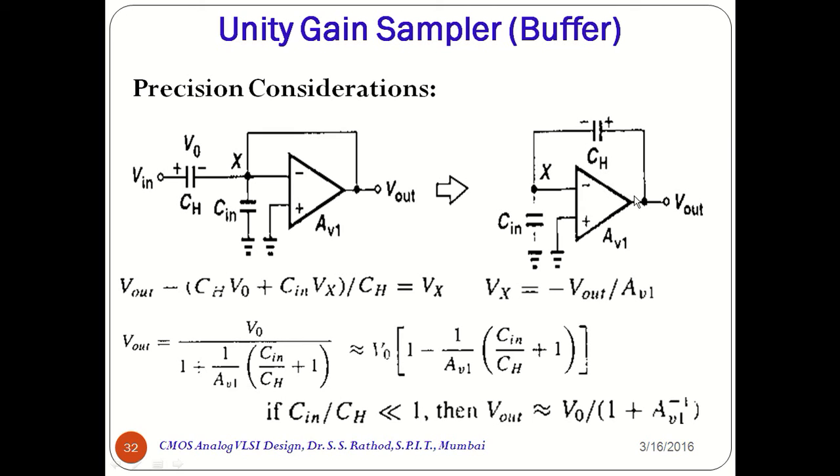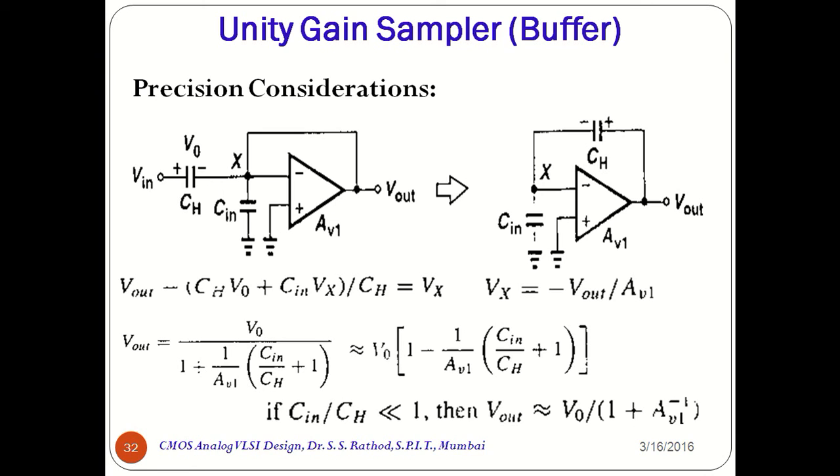Now we write the equation for this network: the voltage across the capacitor is CH V0 plus Cin Vx upon CH, and this is equal to Vx, correct? Or you can also say Vout minus Vx is equal to the voltage across the capacitor, given by this formula.